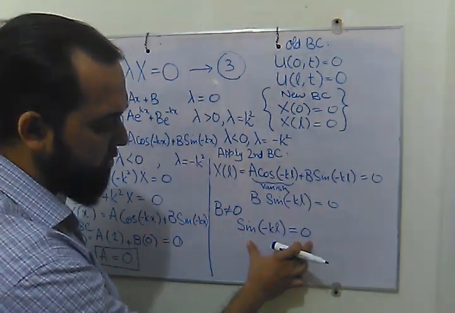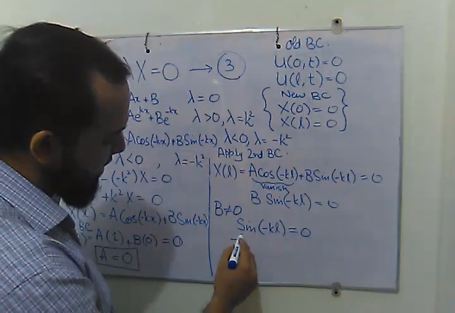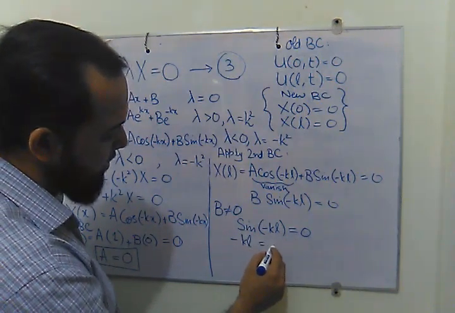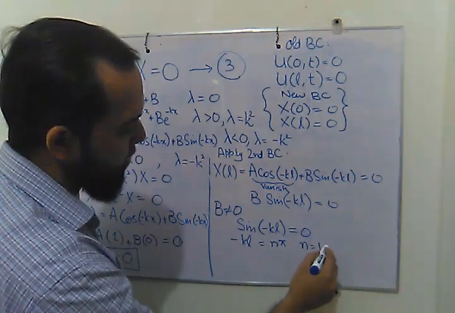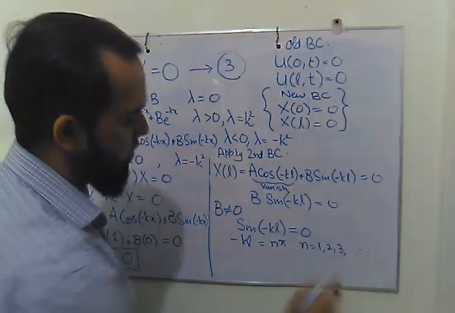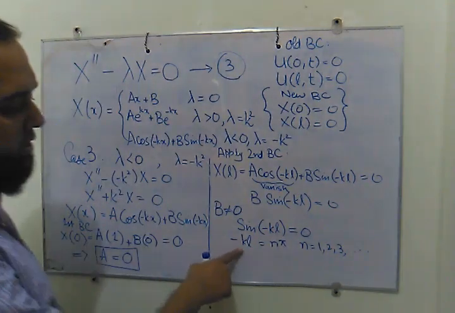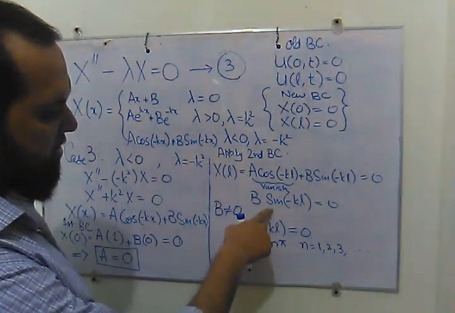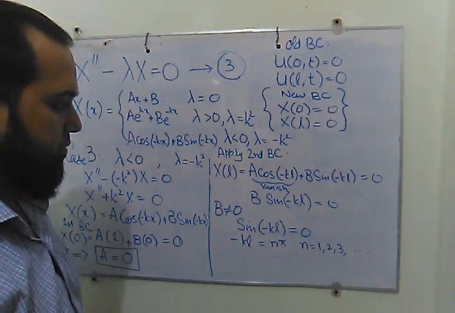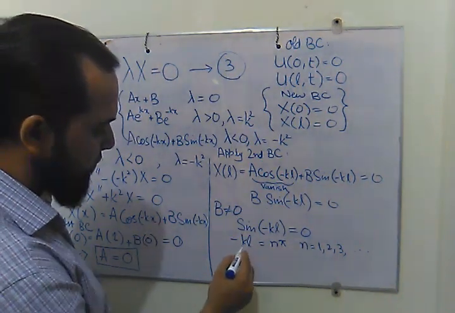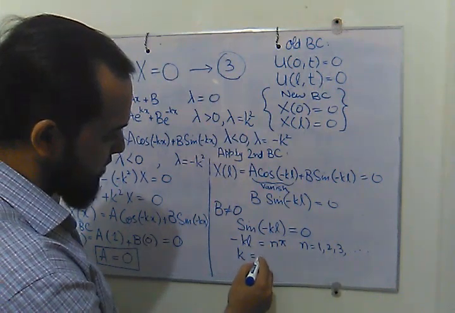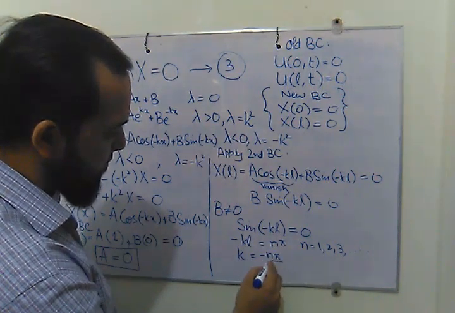So this expression can be justified if we say that minus kL is equal to n pi, where n is equal to 1, 2, 3 and so on. Only in this condition can this expression be equal to 0. So from here we can find the value of k, which is minus n pi upon L.